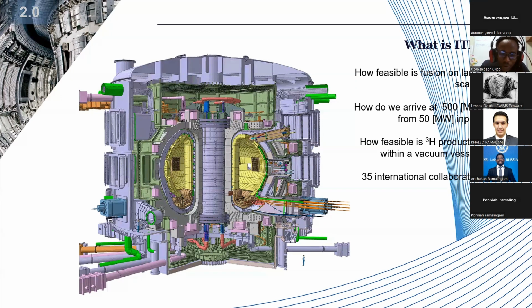So that is what the ITER device is really about. We are trying to solve these issues, the material issues, the fuel issues. And of course, like we had said, even for the case of the fuel, we need to rely on other materials like lithium.